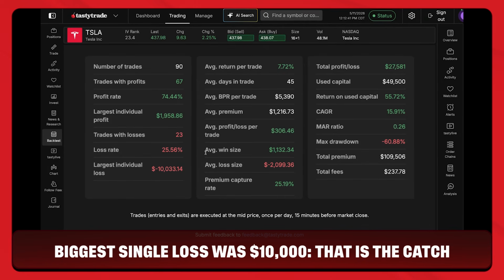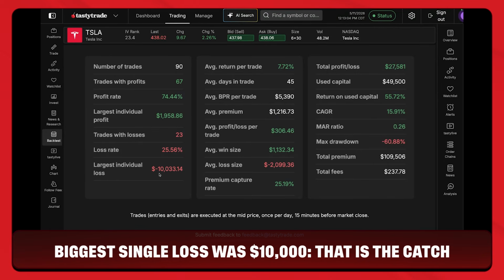And depending on where that comes, whether it comes in the first 2 months of selling those puts, or does it come at the end after I've built up some profits? If I have a $5,000 account, a $10,000 loss is way too big. Okay.